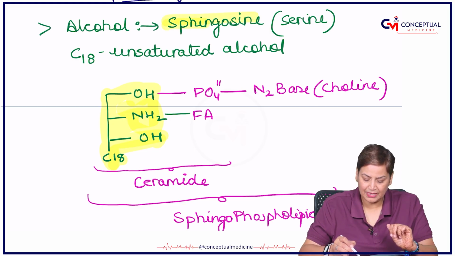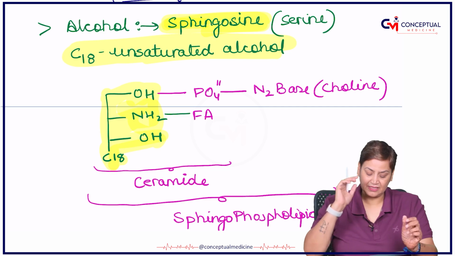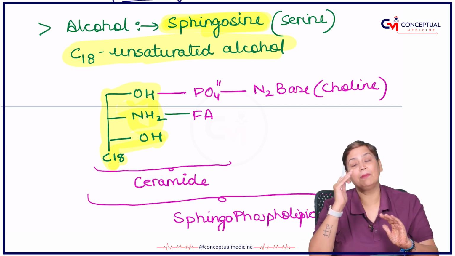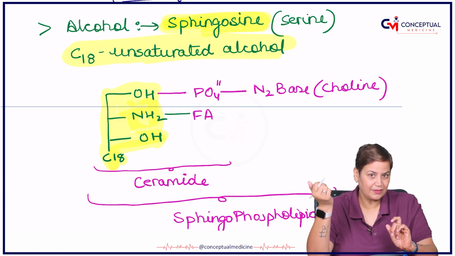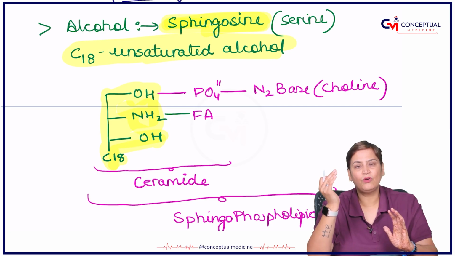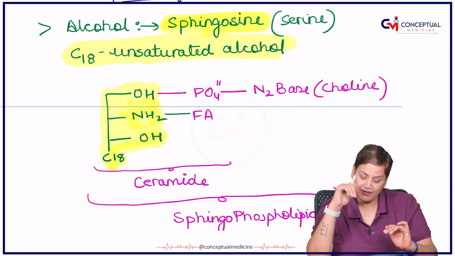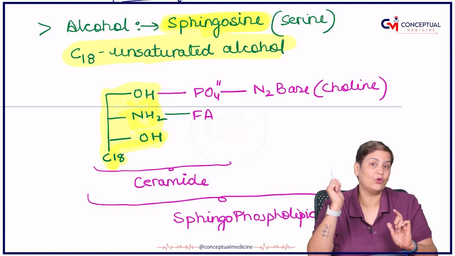Sphingosine is simply derived from serine, obviously in the body, and it is an unsaturated alcohol which has 18 carbon atoms. Whenever this sphingosine combines with a fatty acid, we call it a ceramide. When it combines with a phosphate, it becomes sphingophospholipid. When it has a nitrogenous base called choline, it is known as sphingomyelin.